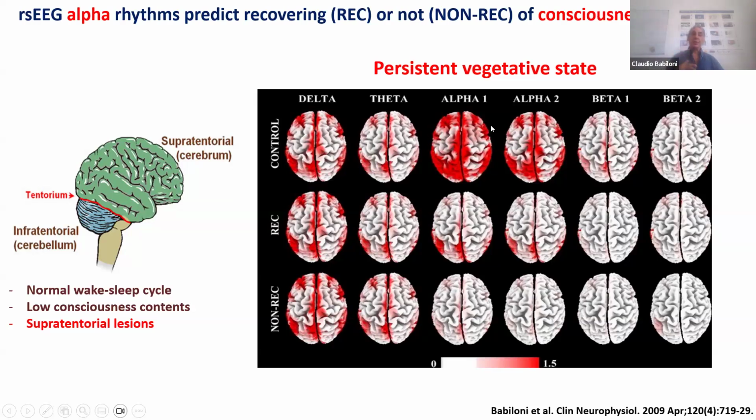And so we recorded the resting state EEG in healthy subjects as a control group in the upper line, and in these patients with these clinical conditions called persistent vegetative state, because they resemble plants, unreactive to the verbal stimuli or visual stimuli and so on.